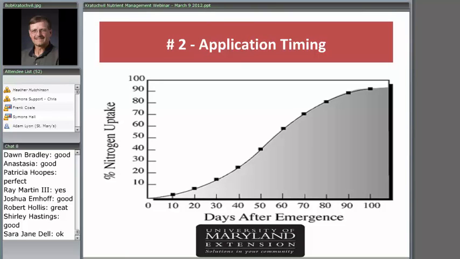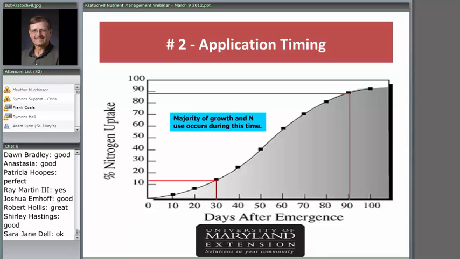Second management practice that I spoke of to help manage our nitrogen is application timing. What you're looking at here is a graph that describes nitrogen uptake, which we have on the y-axis, over a course of time. And this is from days of emergence of corn through the entire growth cycle.